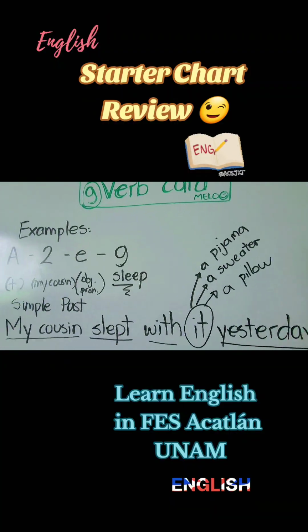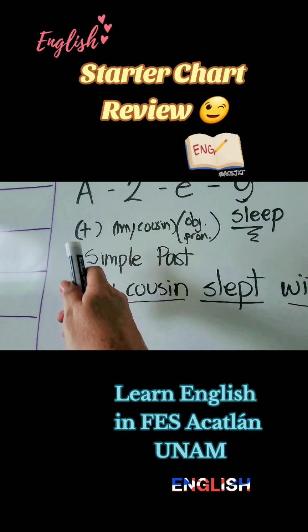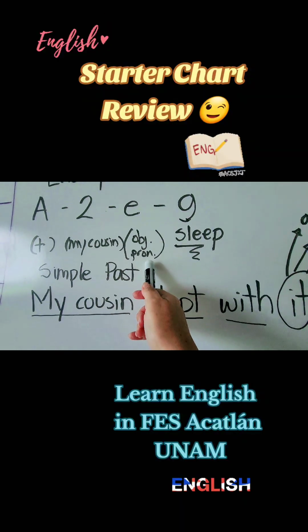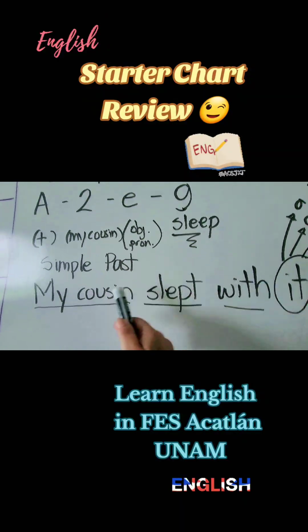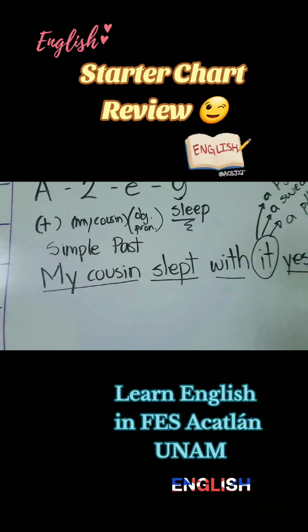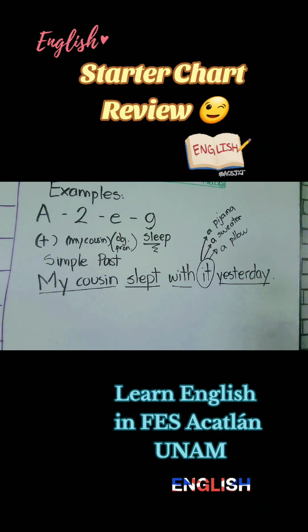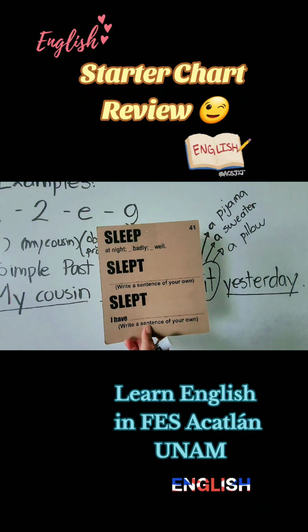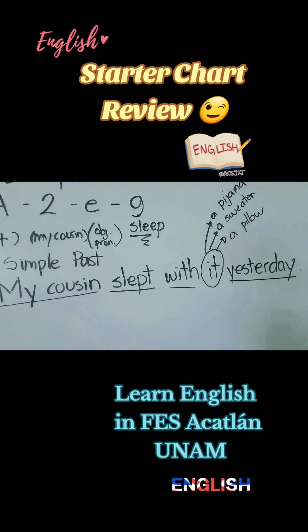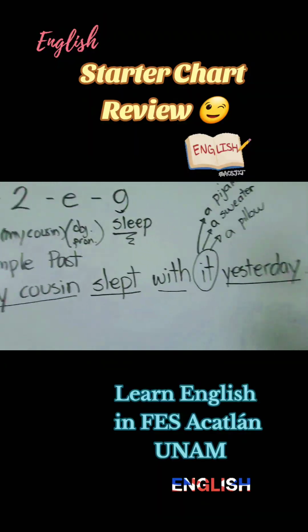Okay, here's the first example. So we have affirmative, the subject my cousin, with an object pronoun and sleep. So we have my cousin in the past: slept. Remember that the verb card is showing you sleep, slept, slept. So we use the second one.